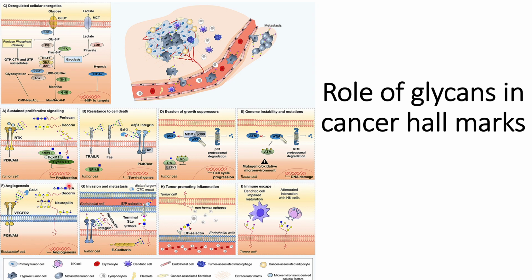Next thing is angiogenesis. Angiogenesis is important for the tumor cells because they need a new source of food, so that they can maintain their uncontrolled growth rate. This can be maintained by glycosylation of VEGFR2 receptors. When glycosylated VEGFR2 receptors interact with galectin 1, it will trigger the beta-catenin pathway, and that will not only upregulate survival genes, but also the genes that are involved in angiogenesis.